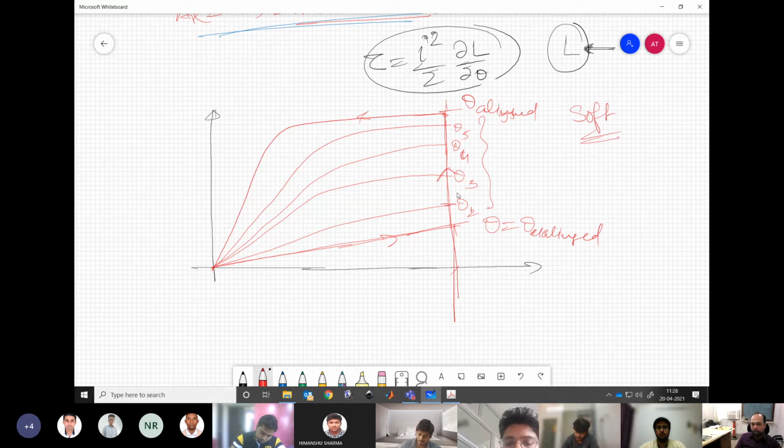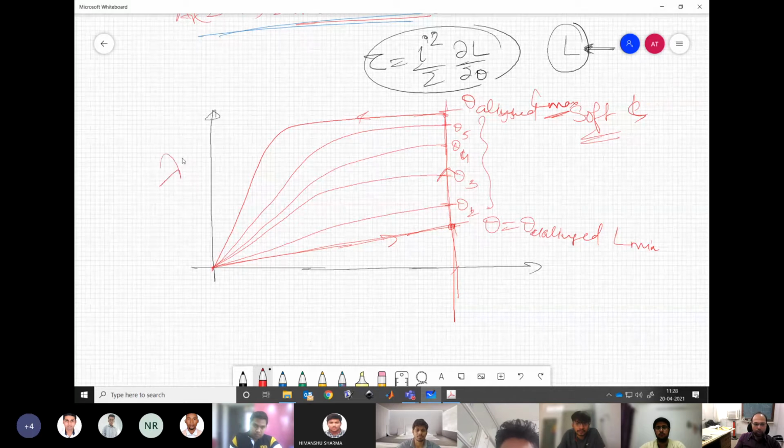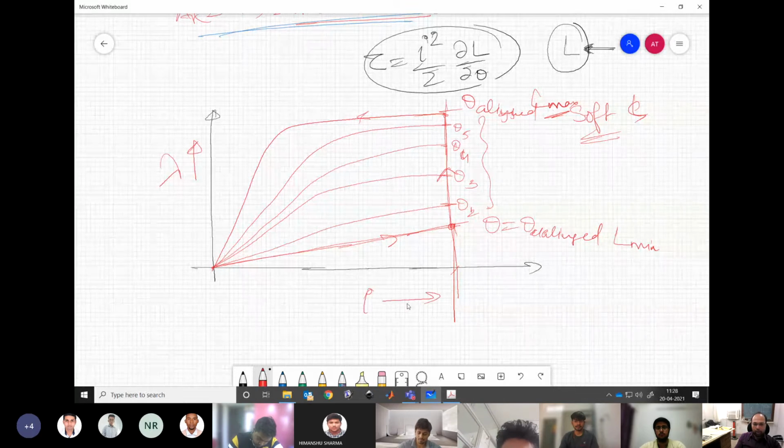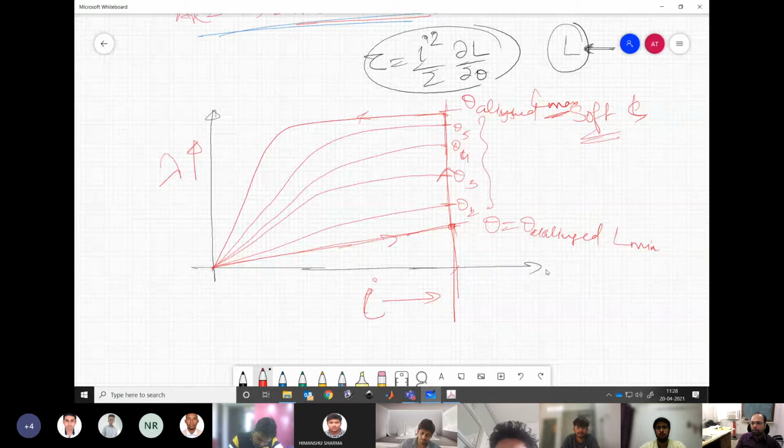Which means each and every value has some L, which is changing from this L minimum to L max here. Understanding my point? Yes. So this is how a typical lambda-I graph for a reluctance motor would look.